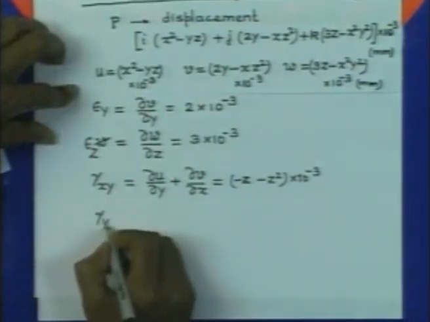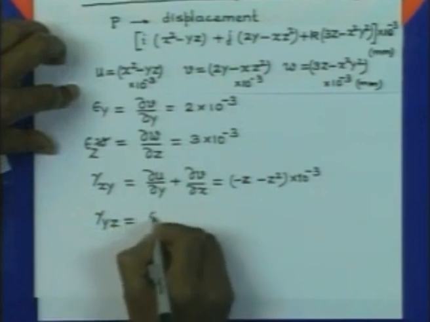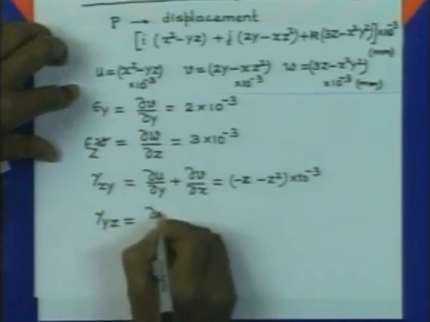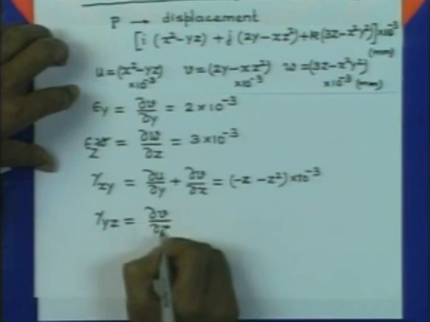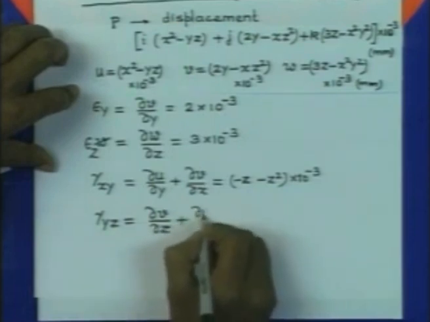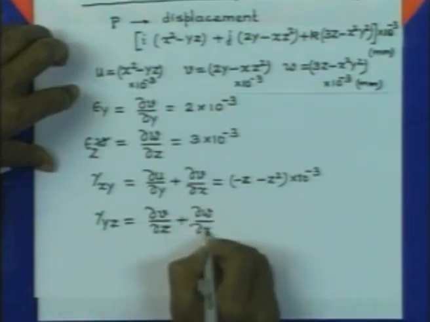Gamma yz is delta v delta z plus delta w delta y.